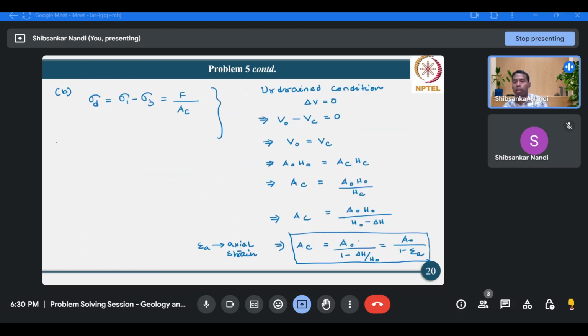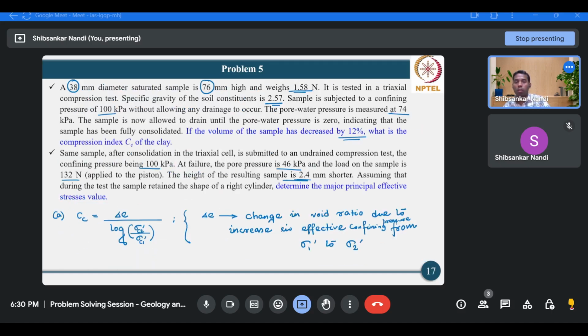So we can summarize the values as sigma 3 equals 100 kPa. The force was 132 Newton.